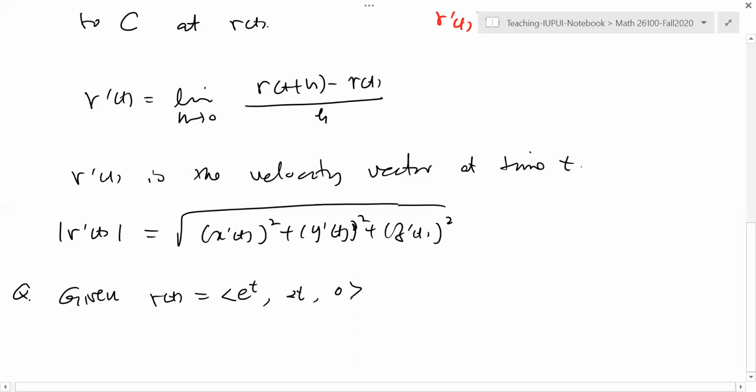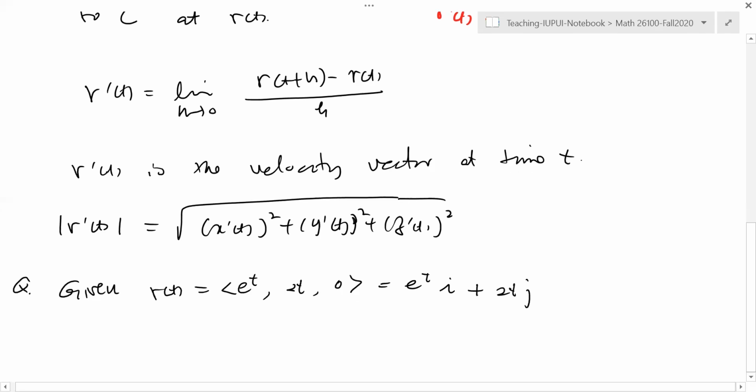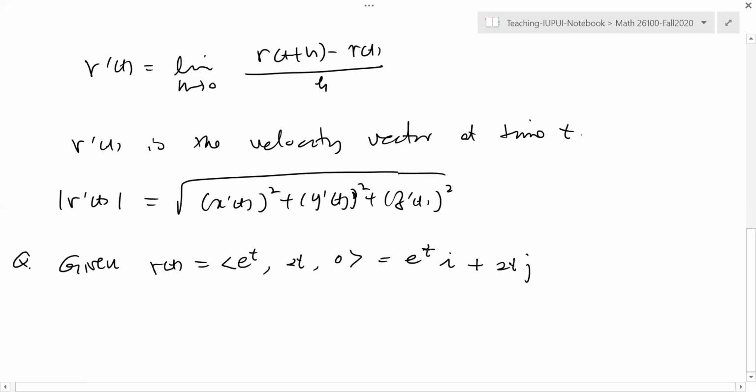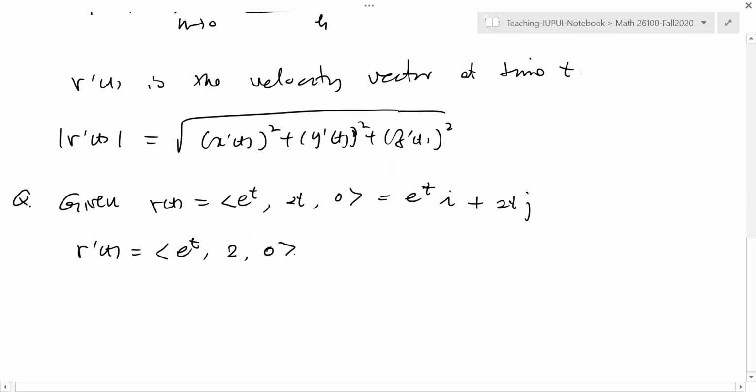So this is simply written as, this can also be written as e^t i + 2t j, and that third term is 0 times k. And let's find the derivative, okay? The derivative just differentiates component by component, and you get this, okay?